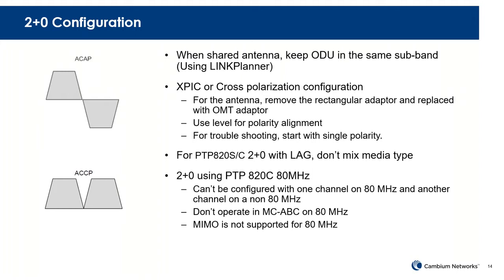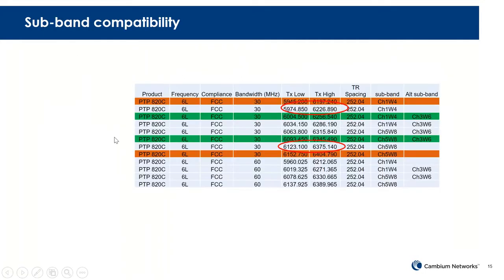So let's take a look at this slide here. I give you an example. Let's say we have different PTP 820C products operating in the 6 gig low frequency. Let's say you want to choose 5974 and 6226, so that's operating in the subband of CH1W4, and basically this is channel 2.